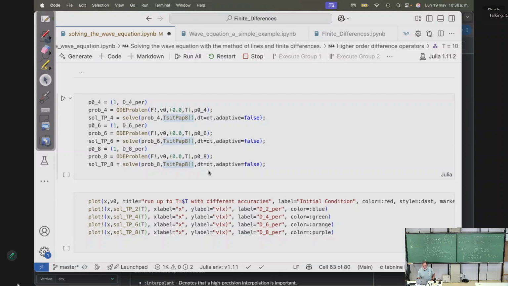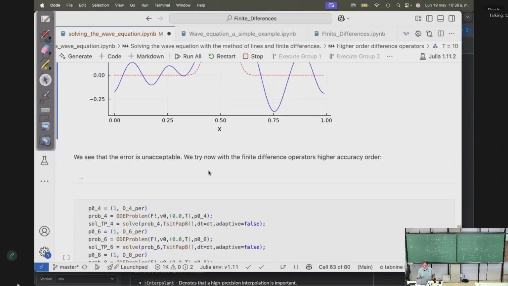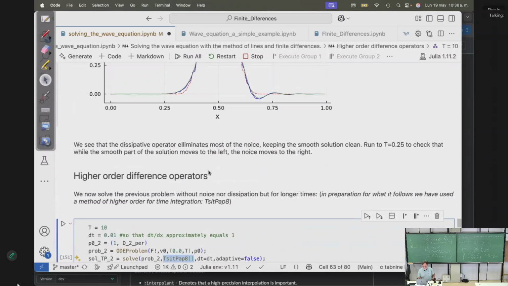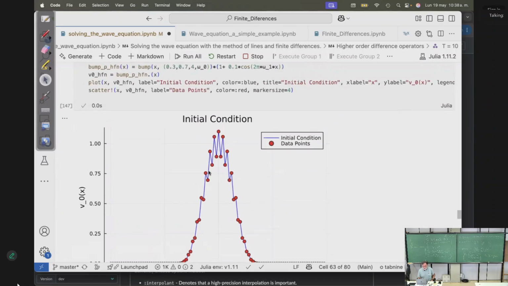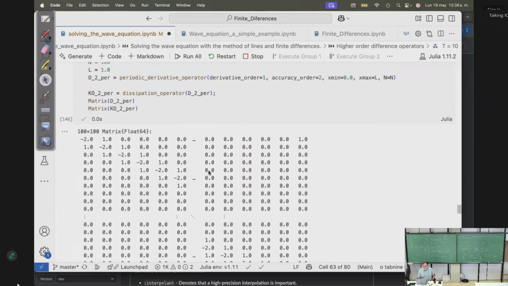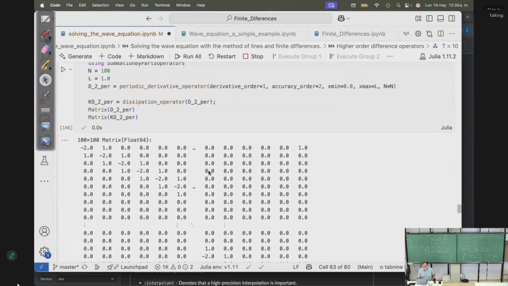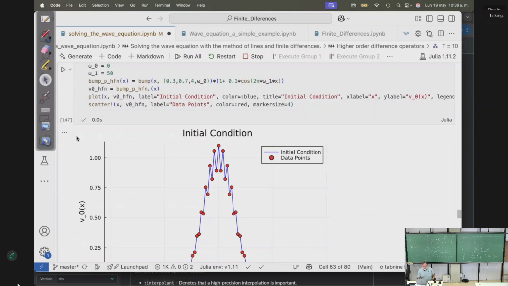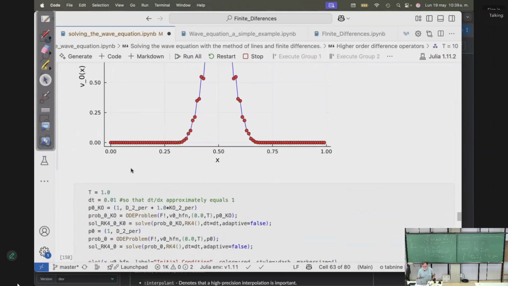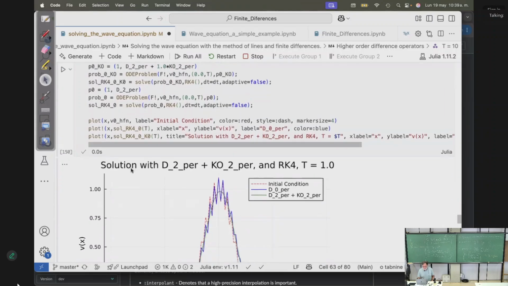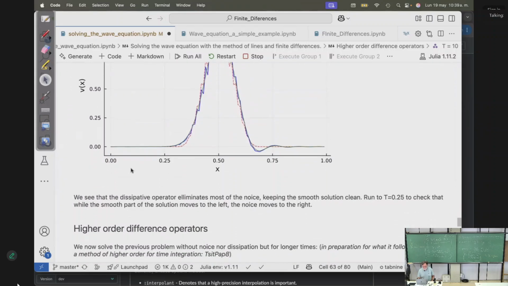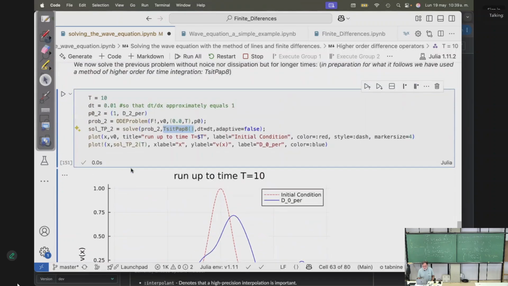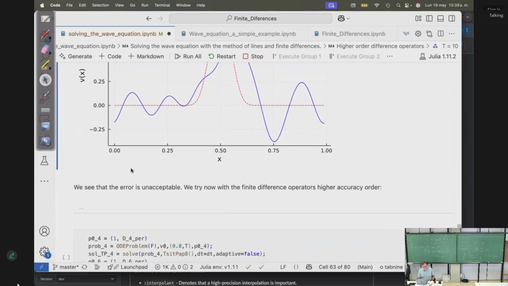So here I'm not sure I defined these things. Let me check. I think I'm missing one of these cells here.